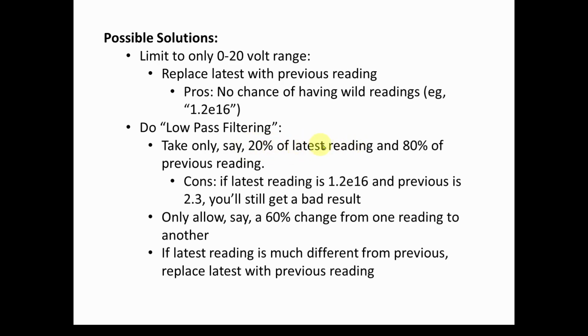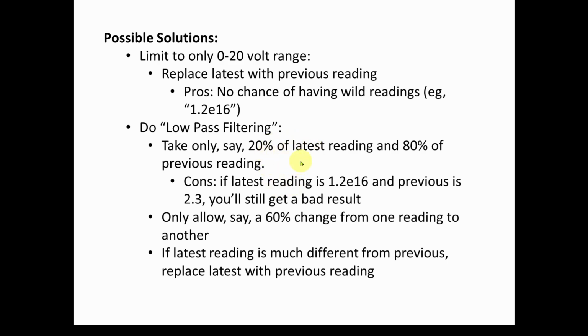I'm going to take only 20% of that latest reading and 80% of the previous reading. That's kind of like a low-pass filter, but it's saying I'm going to be careful about latest readings and filter out any big movements. Now, the problem is if the latest reading is one huge number and the previous is, say, 2.3, you're still going to get a bad result.